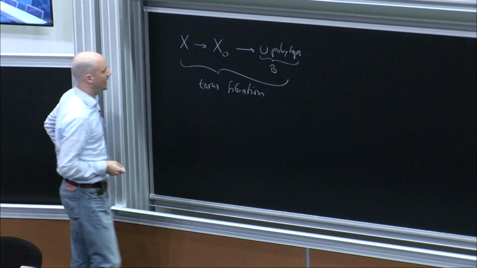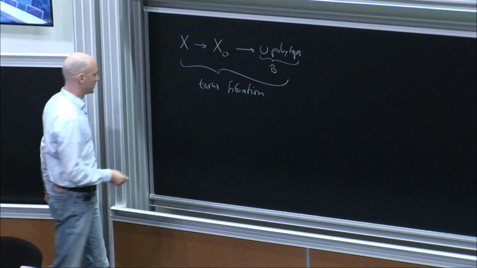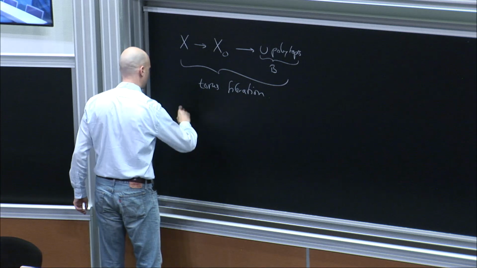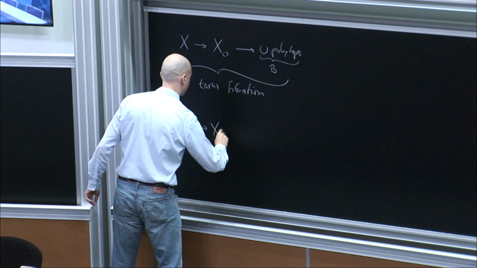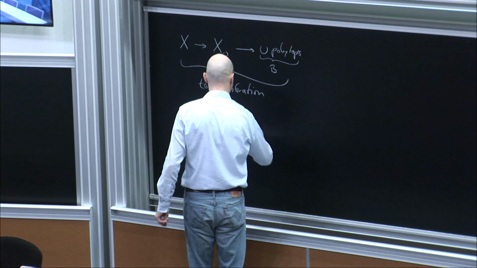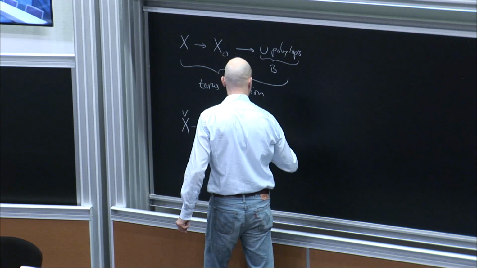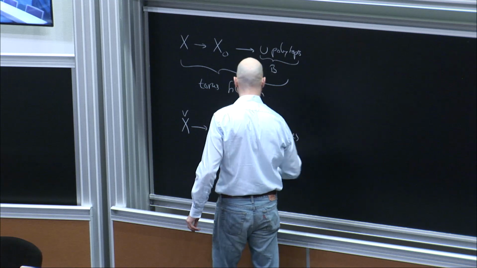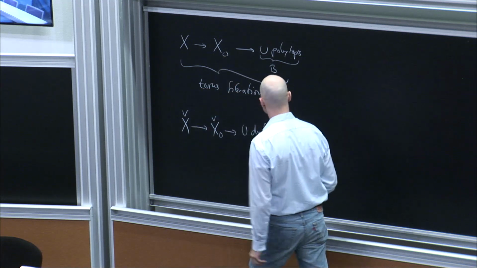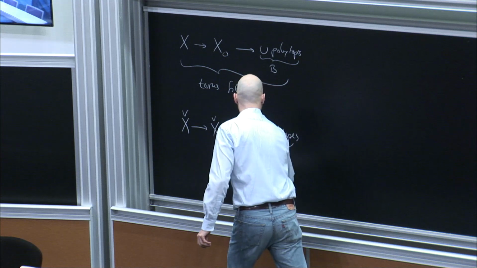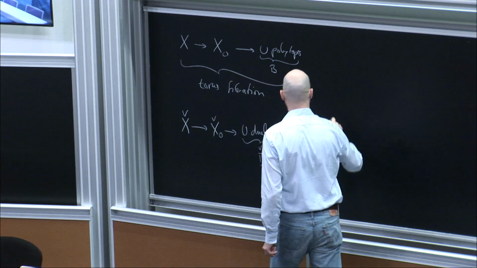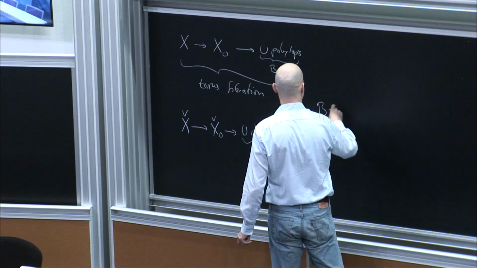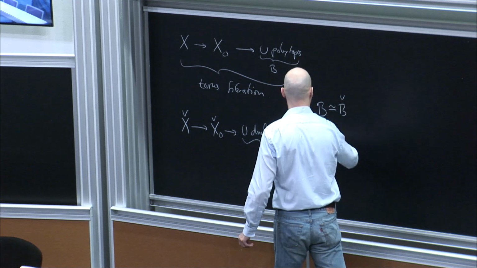Okay. And the main point, if you run the same composition here for the dual situation, we have that very similarly. Then, in fact, here, in some sense, you have dual polytopes. And the point is here that you have a homeomorphism.